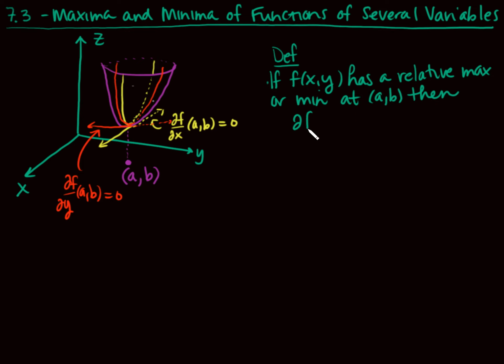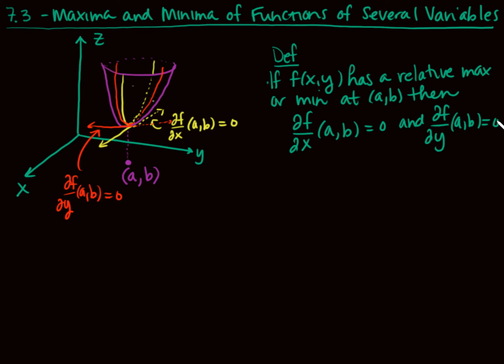Then we know that the partial of f with respect to x at that point is 0, and the partial of f with respect to y at that point is also 0. That's good. We would hope that would be true, because that's true in 2 dimensions: the derivative is 0 at a maximum or at a minimum.